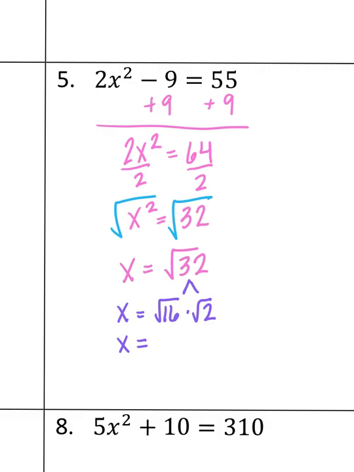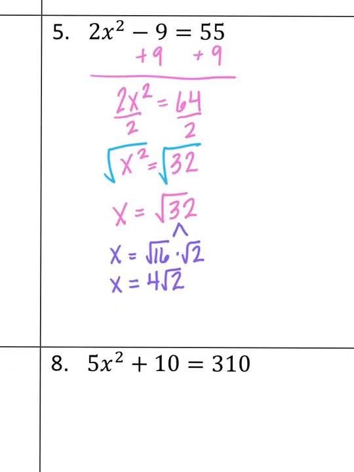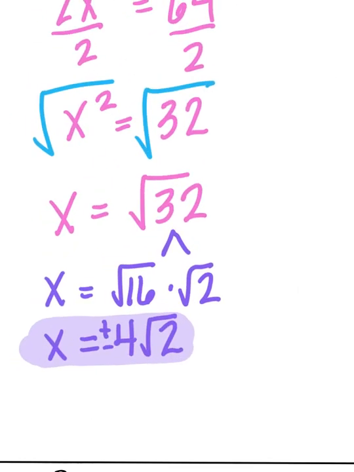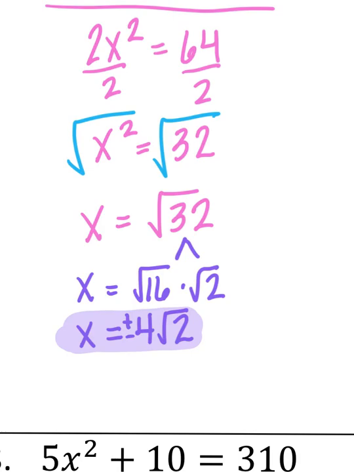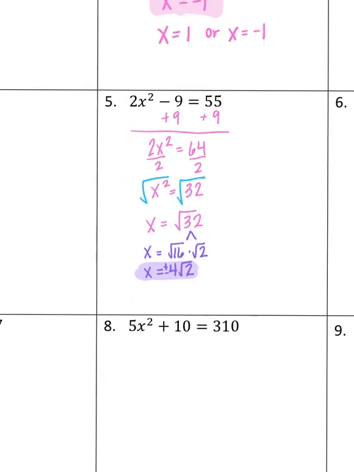The square root of 16 is 4, and I can't simplify radical 2, so I bring that down. Then all I need to do is add my plus and minus in front. So x equals plus or minus 4 radical 2, and that's my answer. Sometimes you might have to simplify the radical if you can.